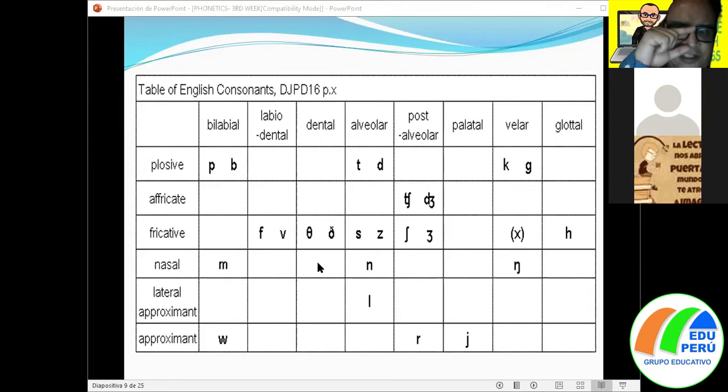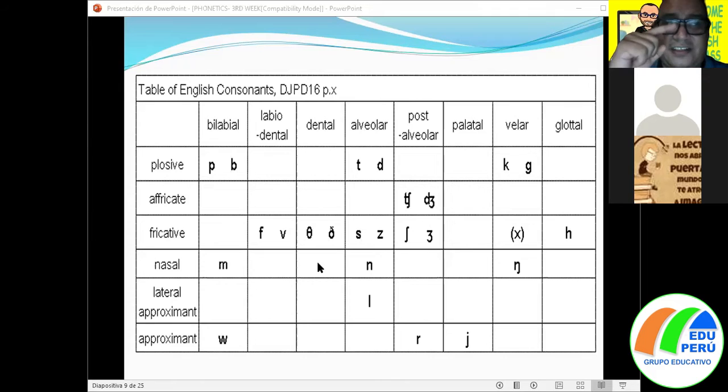This articulator is the passive one, and this is the active one: the tongue, the lower lip, the lower teeth, because you can move these. These parts, for example, the alveolar ridge, the hard palate, the soft palate, the upper teeth and the upper lip, they are not movable.